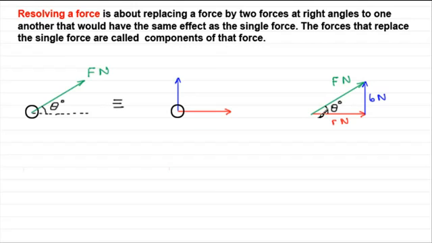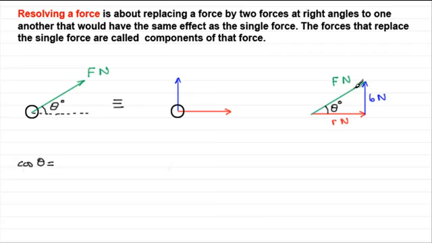That is where this side is the adjacent side to the angle theta, this is the opposite side, and this is the hypotenuse. And if we wanted to work out R, we would turn to the cosine function. We would have that the cosine of the angle theta equals adjacent over hypotenuse.